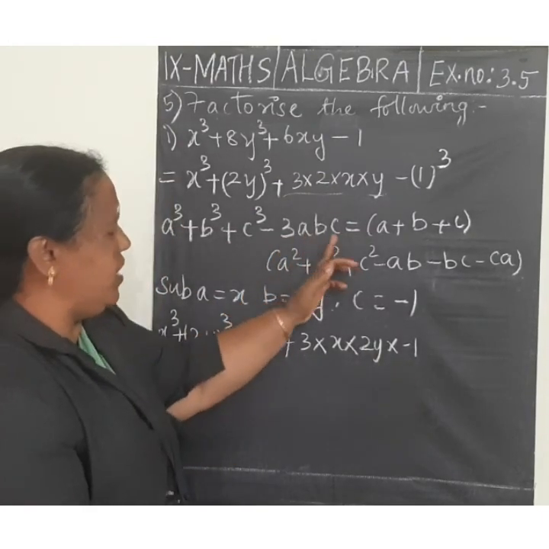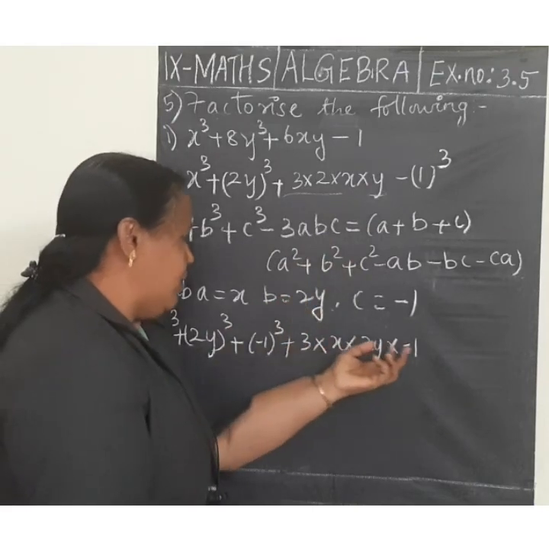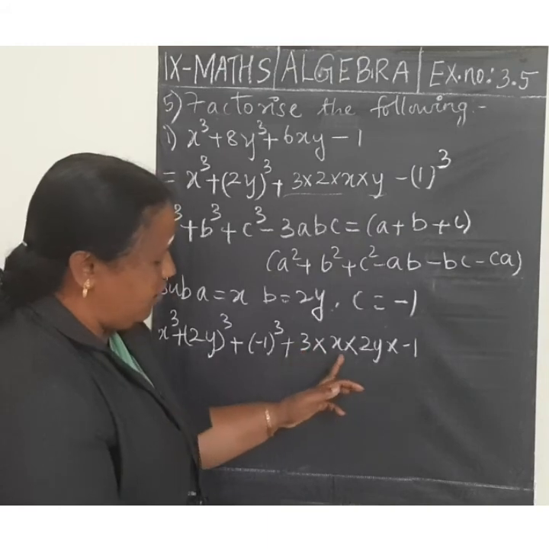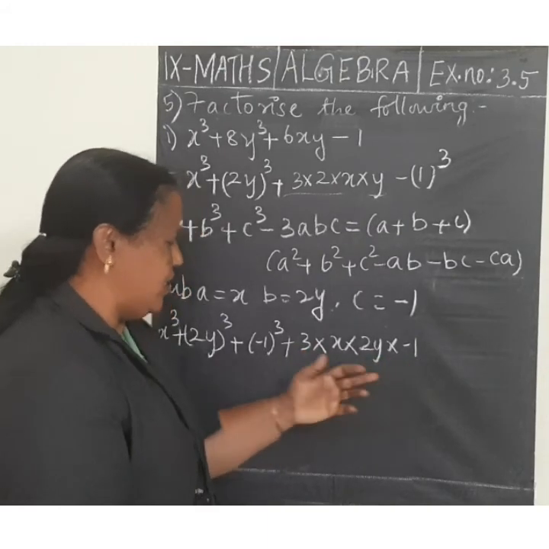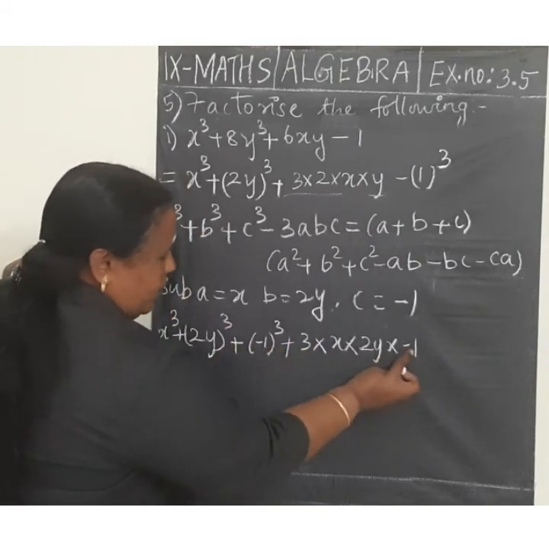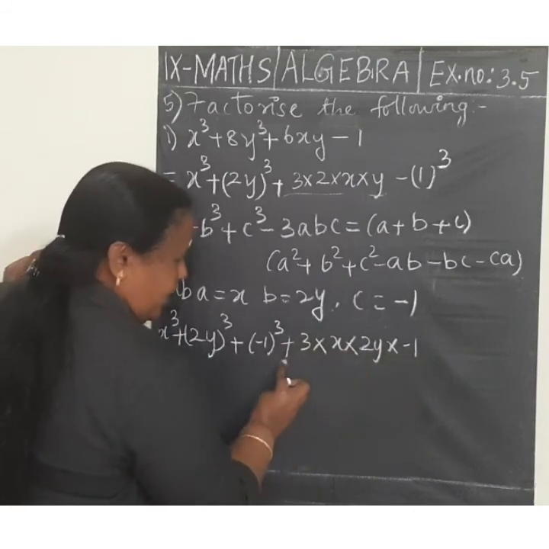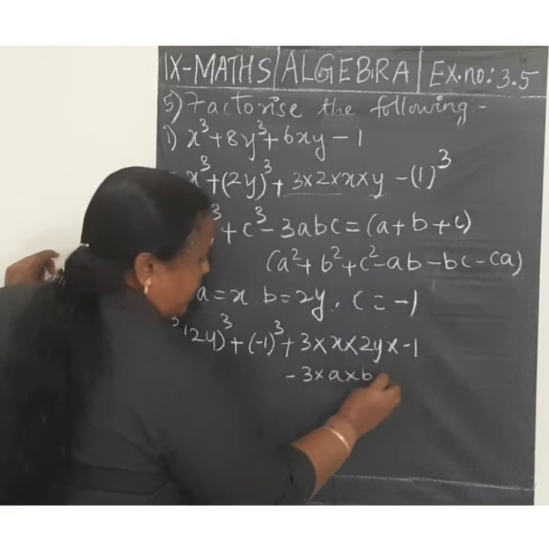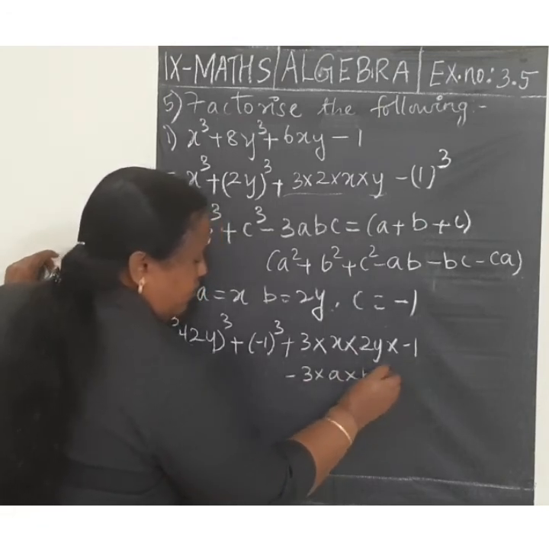So 3abc gives us minus 6xy. So plus 3 into x into 2y into minus 1 is the same as minus 3abc.